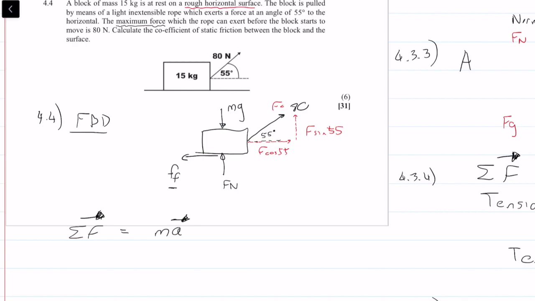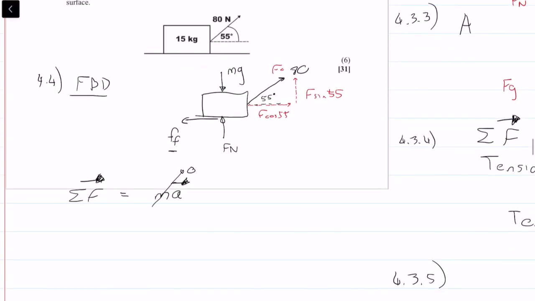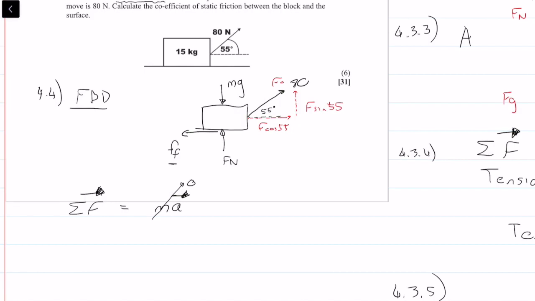When the maximum force is applied, it's going to be traveling at a constant velocity. When it's traveling at a constant velocity, we can say that this term goes to 0. So now we're just dealing with the sum of the forces in the right direction.